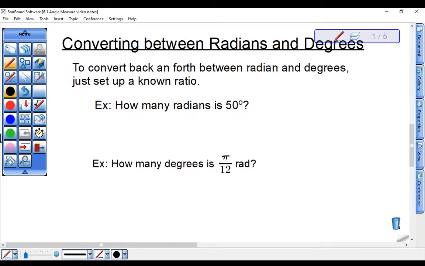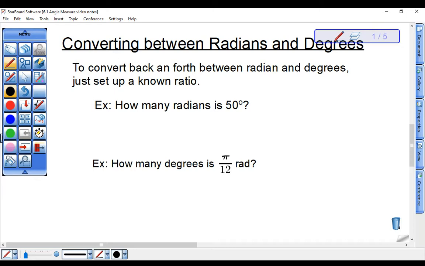We can talk about how many radiuses that angle is grabbing, or we can talk about how many degrees. You should be comfortable with degrees because that's what you've been using your entire life. But we can convert back and forth between degrees and radians, and all we have to do is set up some known ratio.